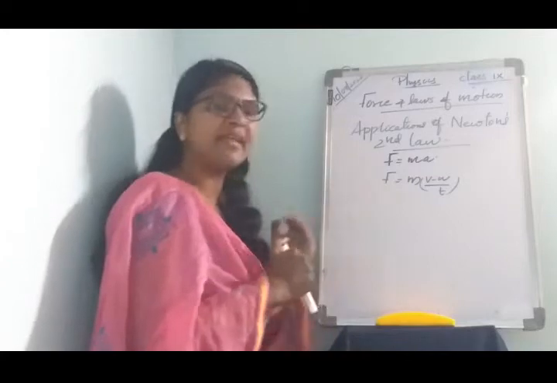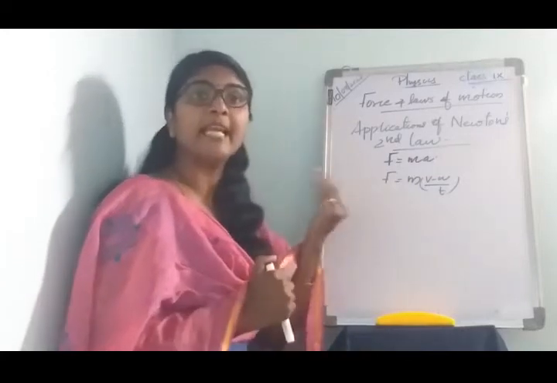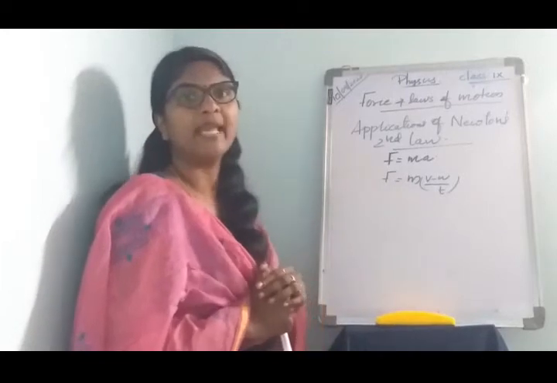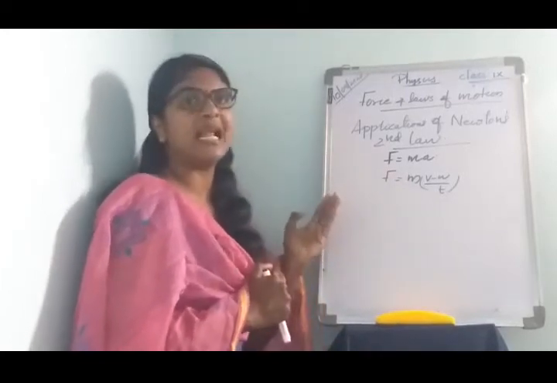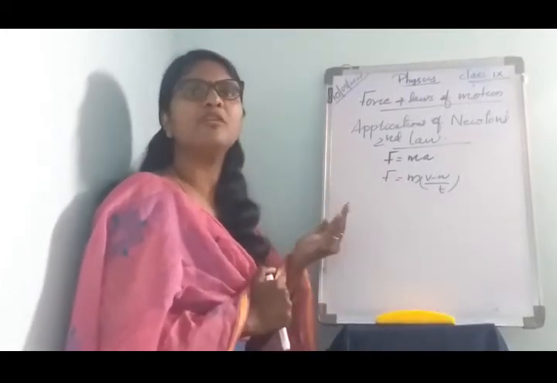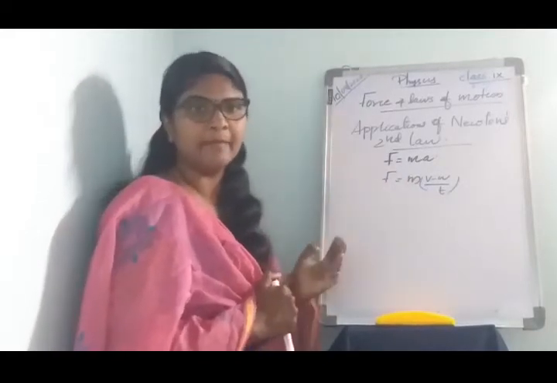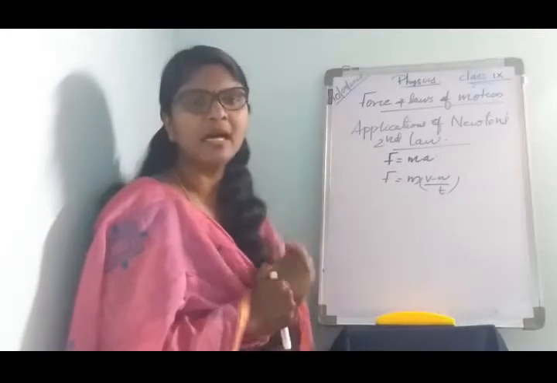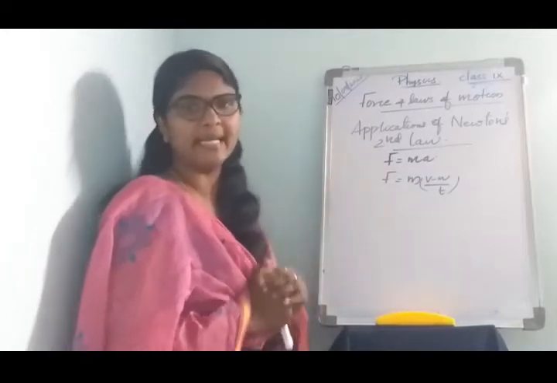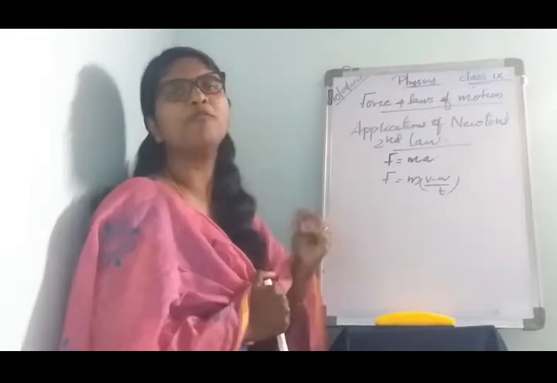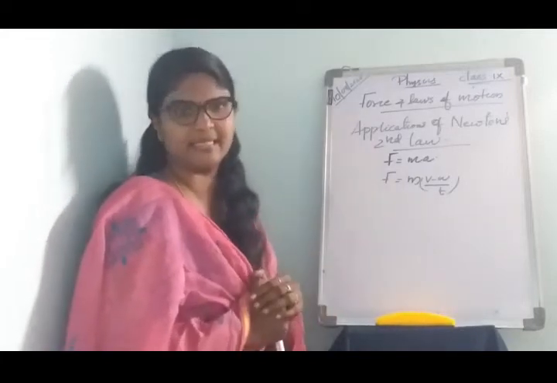To prevent this, the time taken to reduce the momentum of a body is increased. To prevent the large force, we have to increase what? The time taken to reduce the momentum has to be increased. Due to this, what will happen? The amount of force acting on the body will decrease.